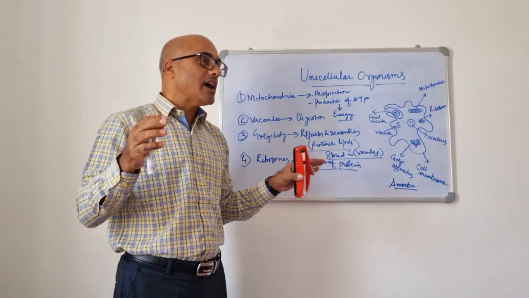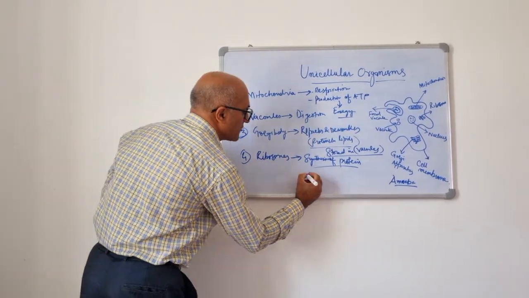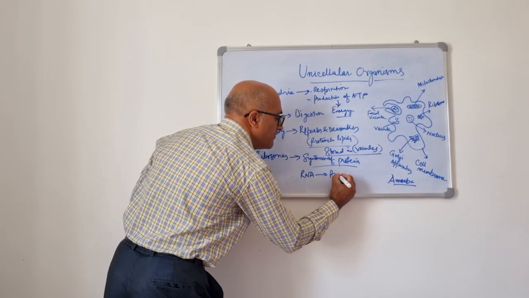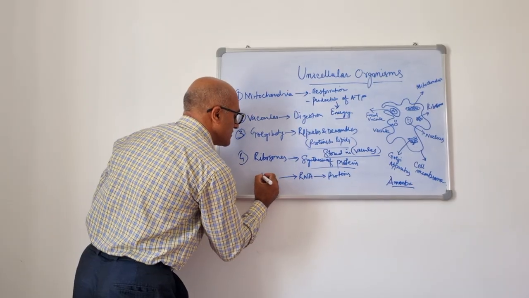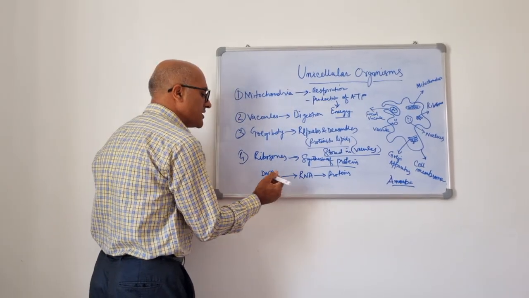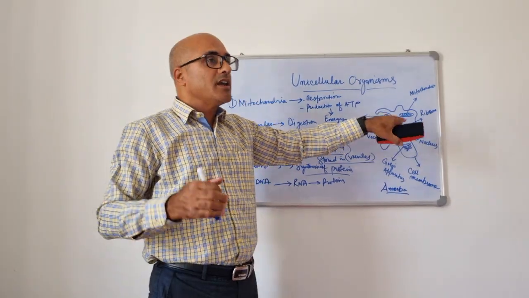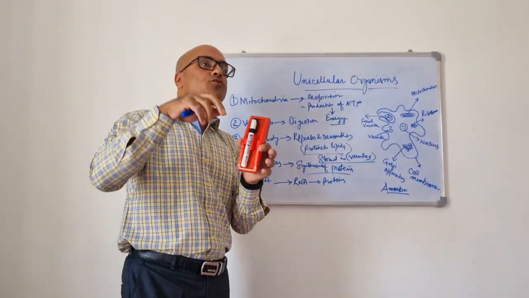You must know that proteins always come from RNA. Proteins come from RNA, and this RNA comes from DNA. That means the DNA present in the nucleus here gives information about the protein which is to be formed.